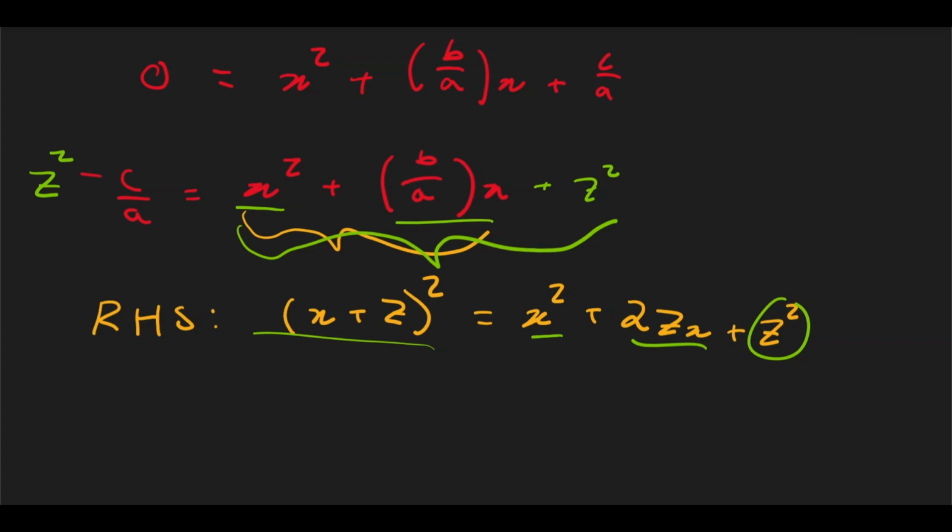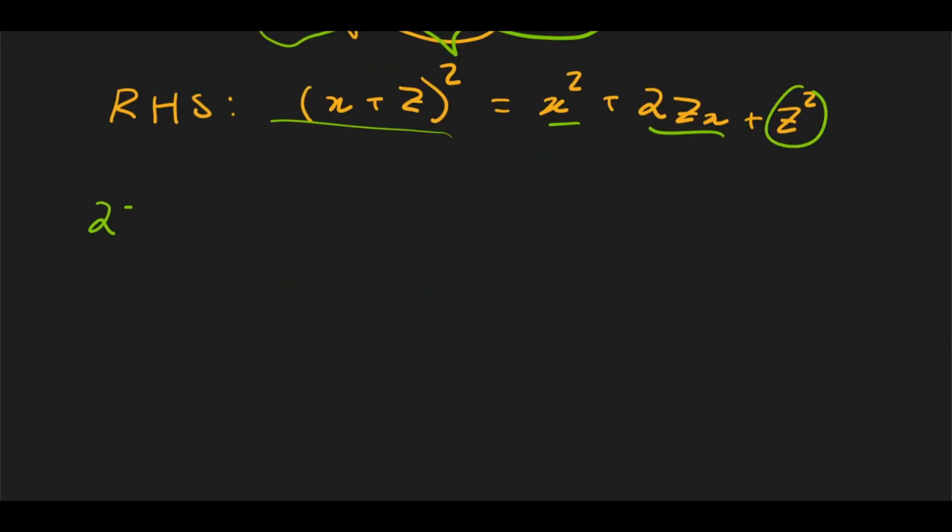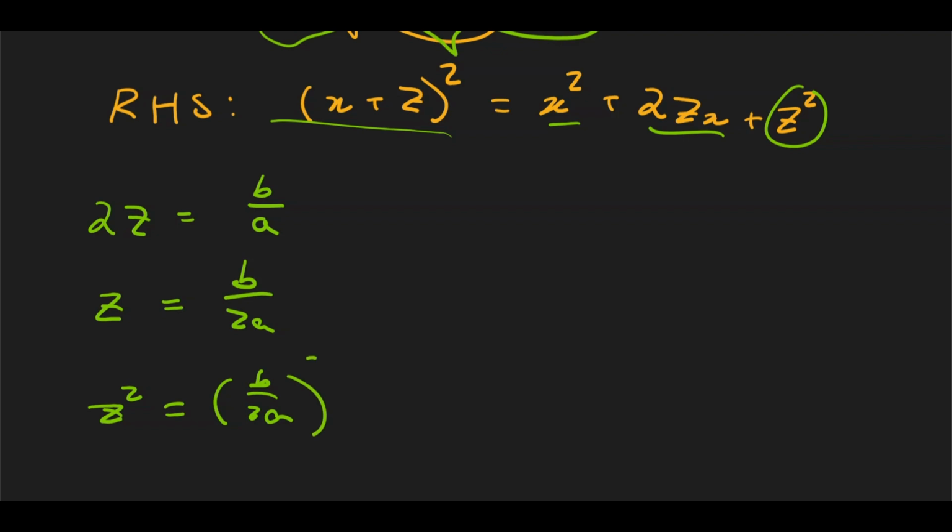All right, so then the next step is to find z in terms of b and a. So if we know 2z corresponds with b over a, then it must follow that z equals b over 2a. And more than that, z squared equals b over 2a, squared.